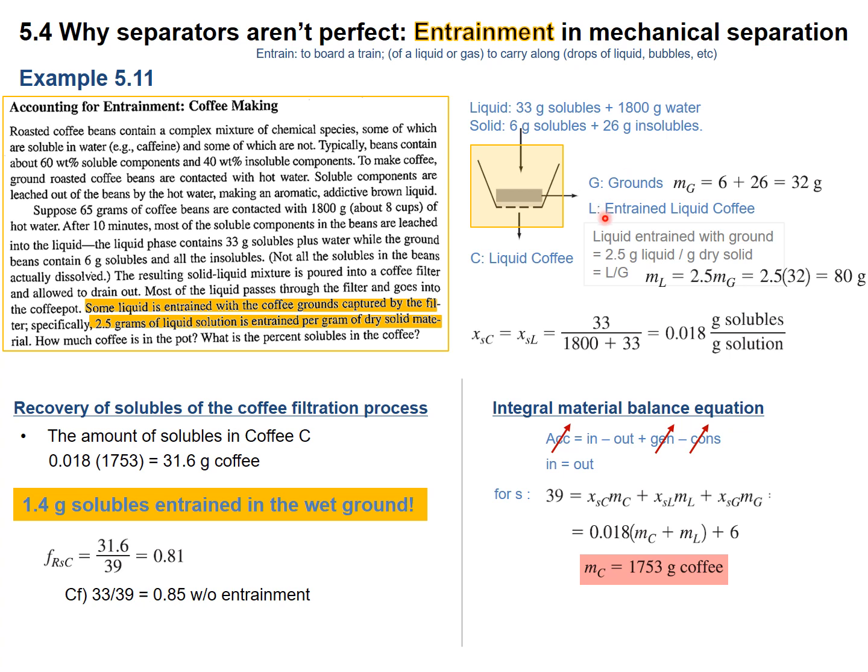The other thing is also a liquid phase, and liquid coffee is entrained in the solid grounds. So this makes the non-ideality. In a perfect separator, this liquid coffee goes through the membrane, and then finally you could get this coffee in your coffee cup.